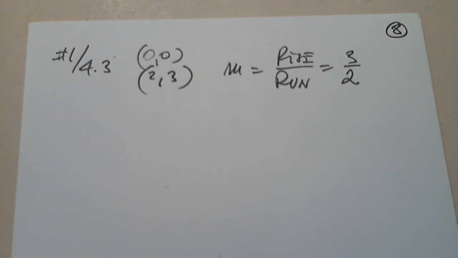For any 2 unit change horizontally, or run, for every 2 units of run, the y changes how many units?